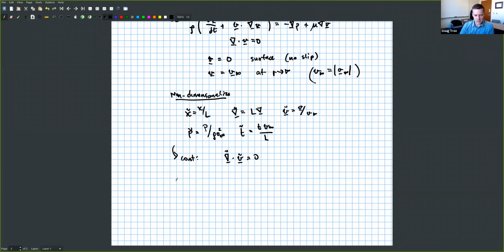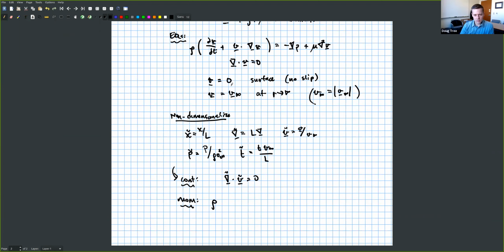The momentum equation is a little bit more work, so let's do that. We're going to have rho, and then if you look here, I've got dv dt, so I'm going to have a V infinity in the numerator from V over here, and then I'm going to have t in the bottom, so I should have a V infinity and then an L. Is that right?